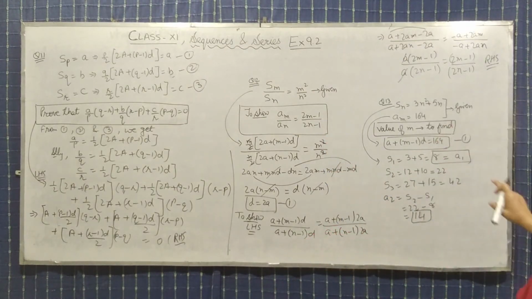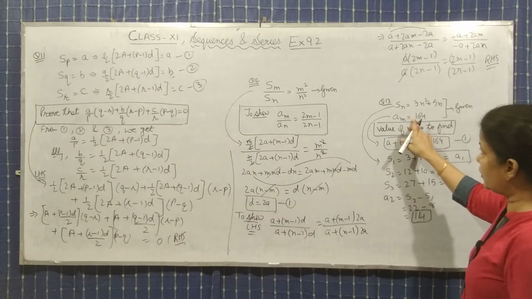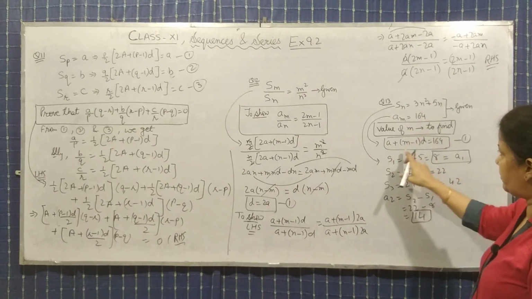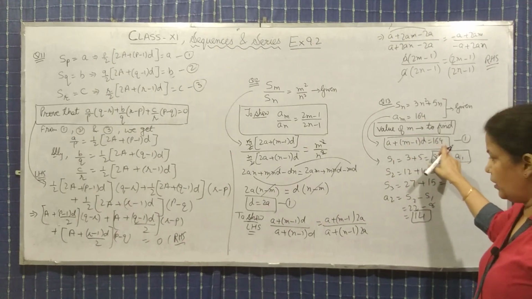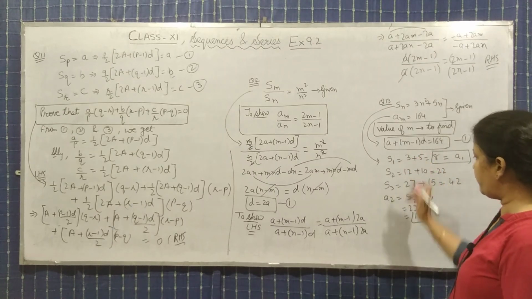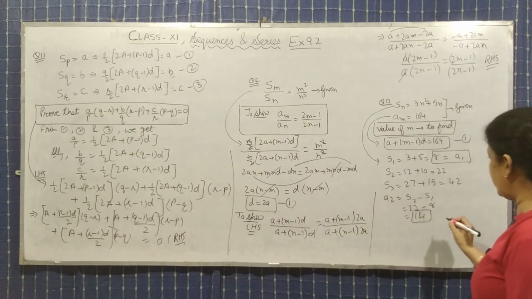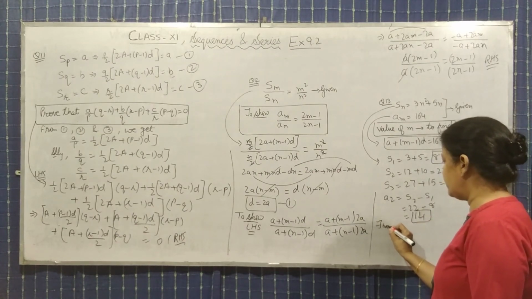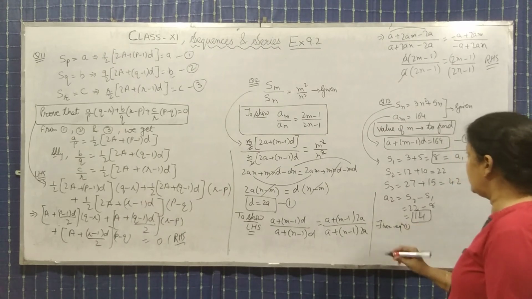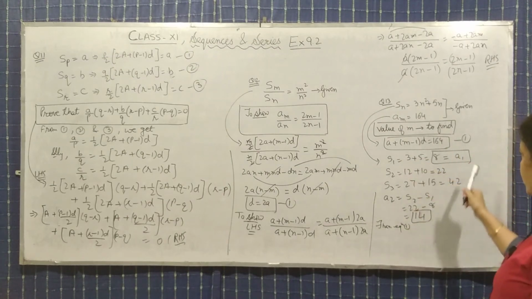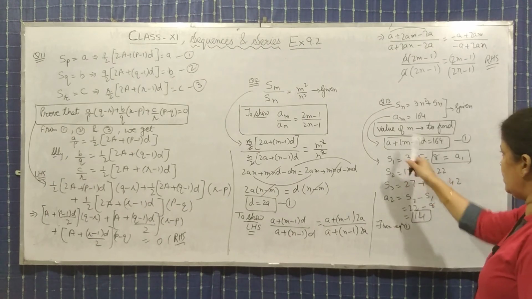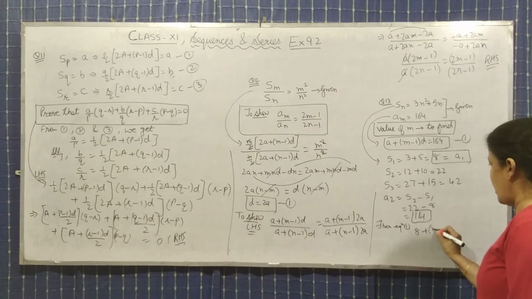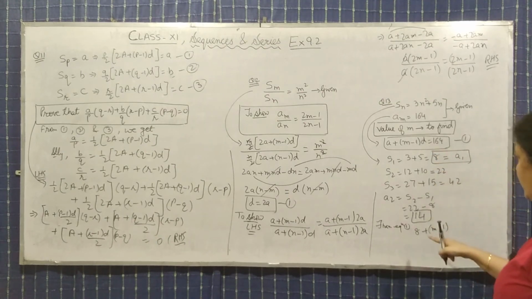Now what is the question? The mth term, which was 164 given to us, we have written in this form. Now what we will do? From equation 1, we will substitute the value. A means S1, 8 plus (m minus 1)d.